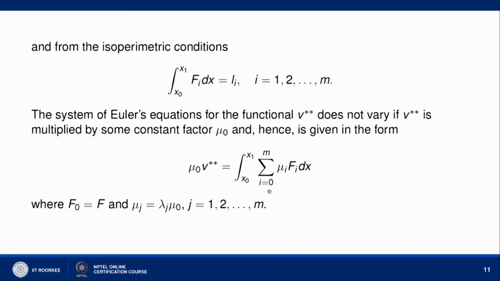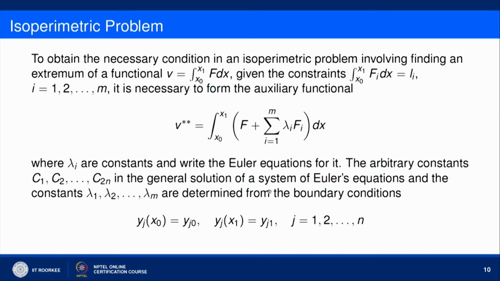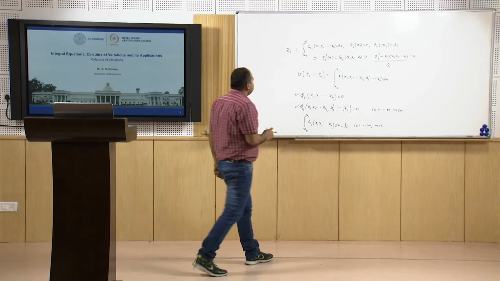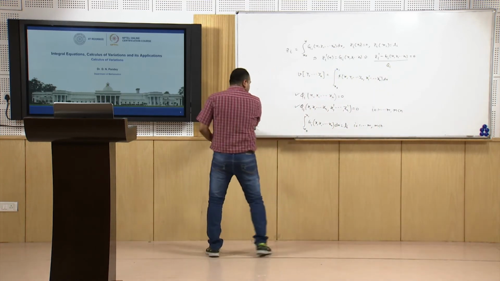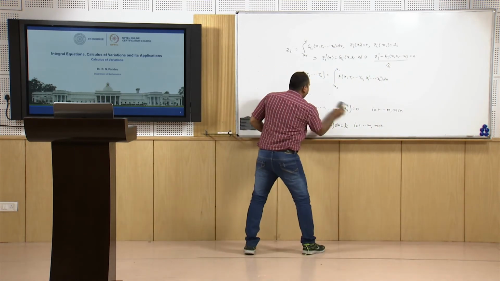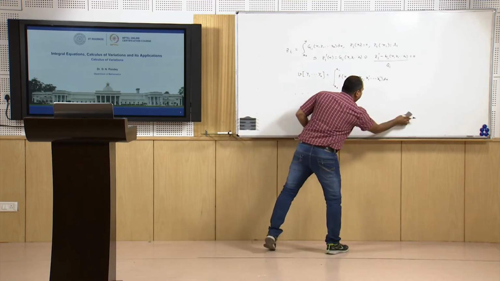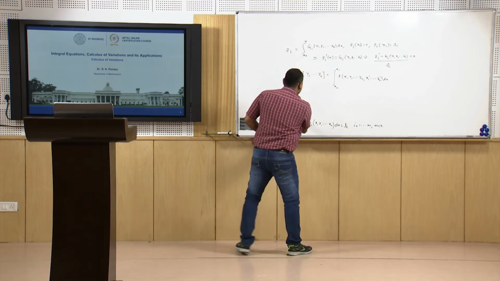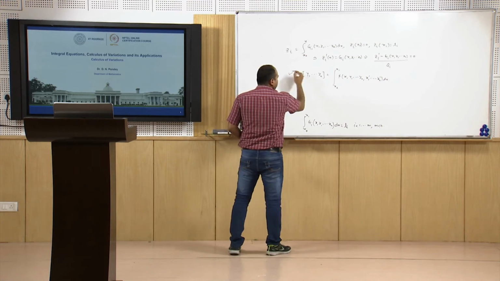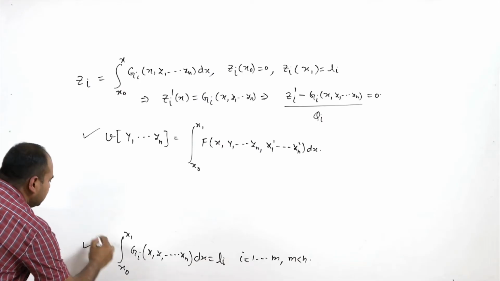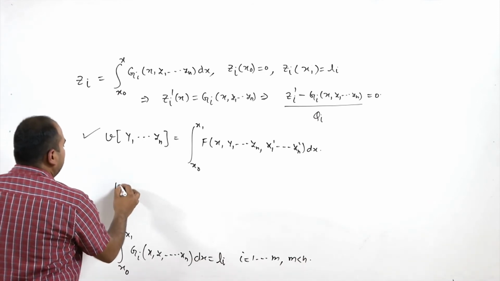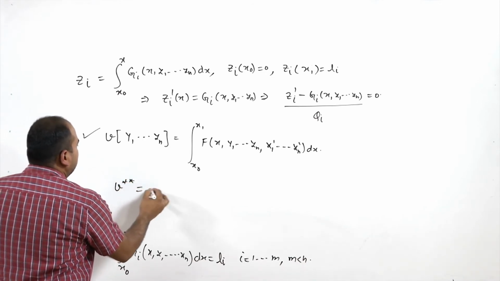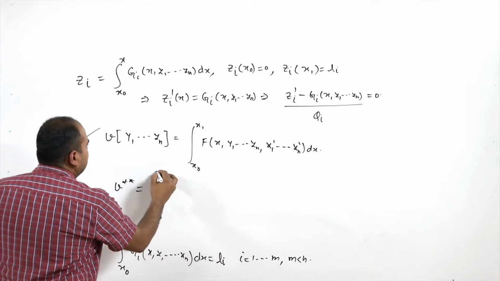So what we are doing here, let us consider. We are having this problem, and we are considering this problem along with this condition. So for this we consider v double star as the integral from x0 to x1.